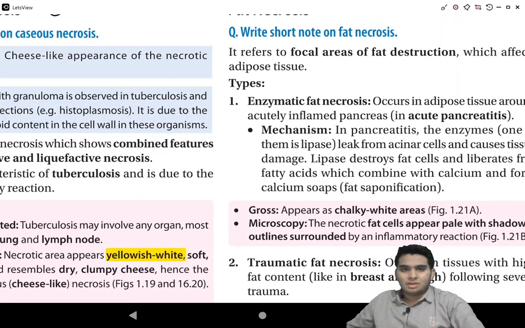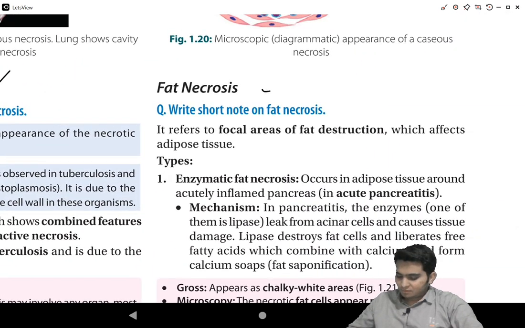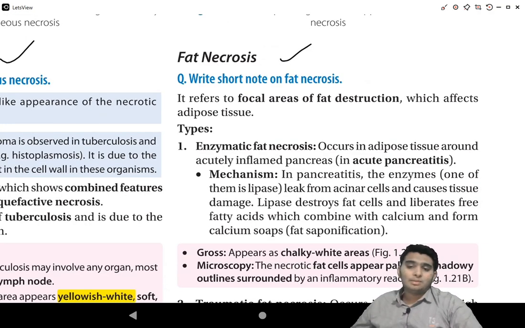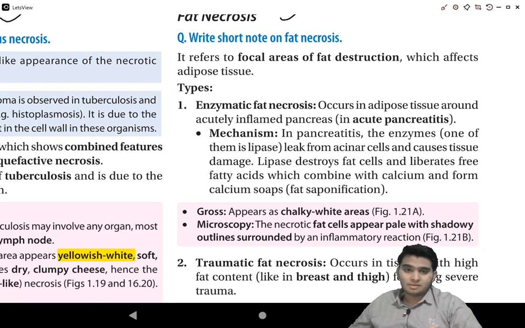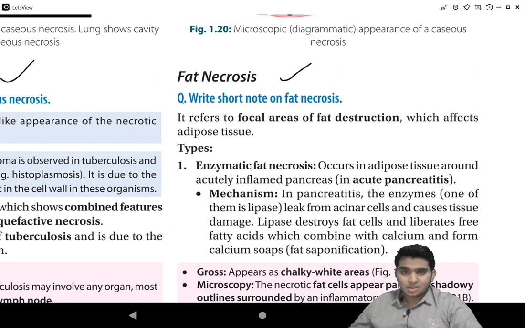So now we will talk about fat necrosis. It refers to focal areas of fat destruction which affect the adipose tissue. There are two types of fat necrosis. The first one is enzymatic fat necrosis and the other one is traumatic fat necrosis. Enzymatic fat necrosis occurs in adipose tissue around an acutely inflamed pancreas in a condition known as acute pancreatitis.